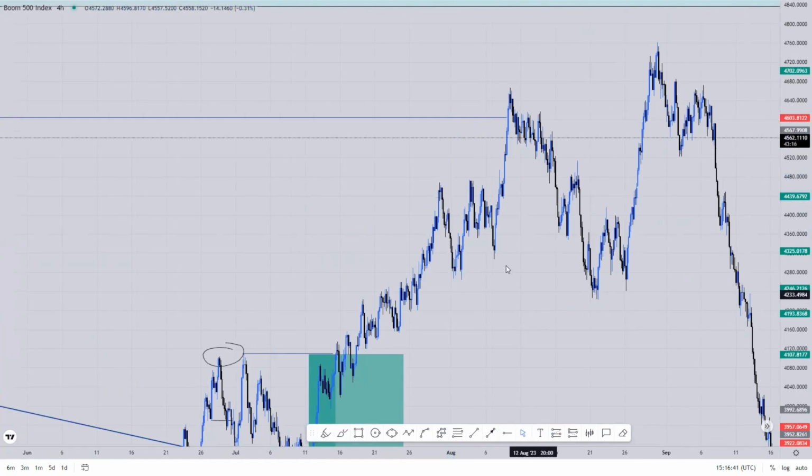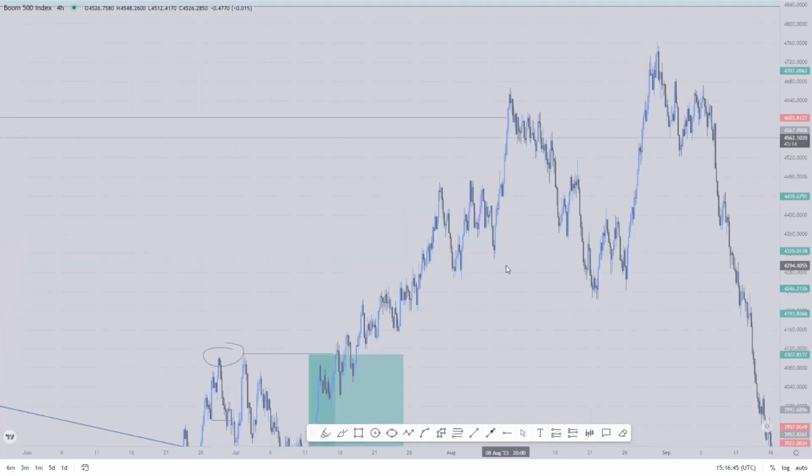So this change of major character, you're supposed to go to the daily now and look at what the market is trying to do, because after changing that major character, that's a major move that the market would have done.